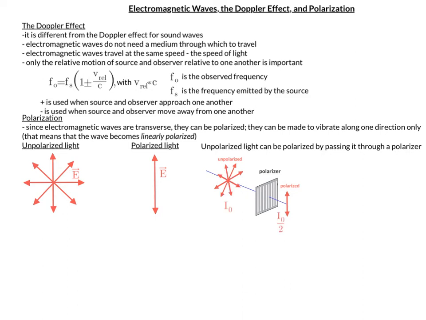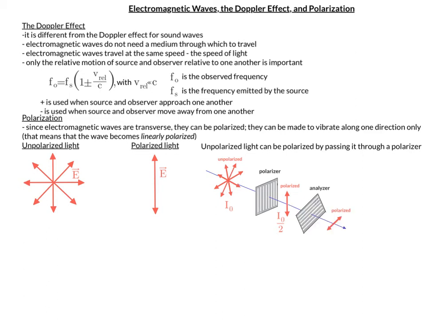If we say that the original average intensity of the electromagnetic wave is I naught, then as it passes through the polarizer, half of the intensity makes it through. So when we start out with unpolarized light, passing it through a polarizer, we get half the intensity on the other side.